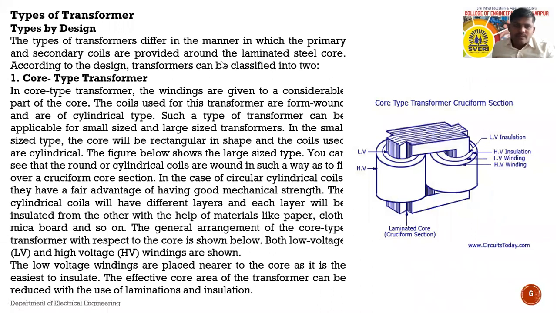No, sir. No idea. Okay. In the case of our distribution transformer, we generally use mineral oil. Do we use mineral oil? Yes, sir. Okay. So this mineral oil acts as an insulating material.